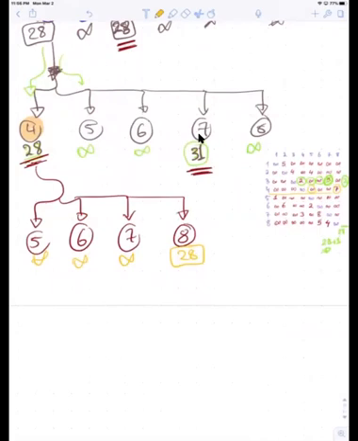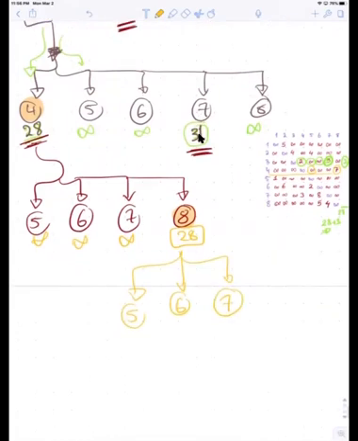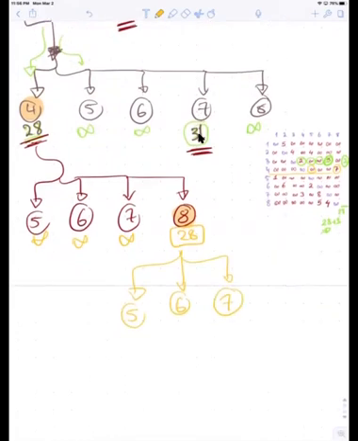Now if I visit 8, I'll have to go to 5 or 6 or 7 again. Now from 8 to 5, this is infinity. 8 to 6 is 5, which is not the minimum of the row.